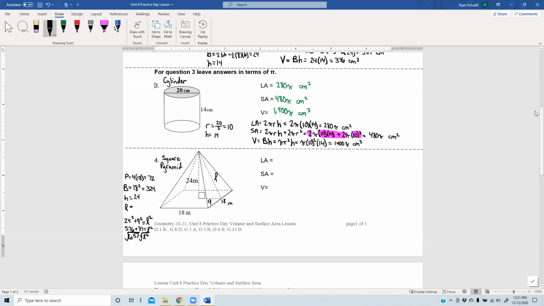Square root it, and does that give you a nice square root? No. So we're going to leave L as the square root of 657. We're just going to leave it like that.